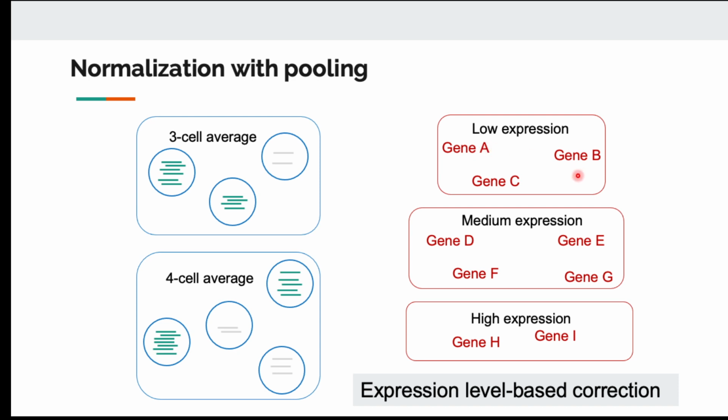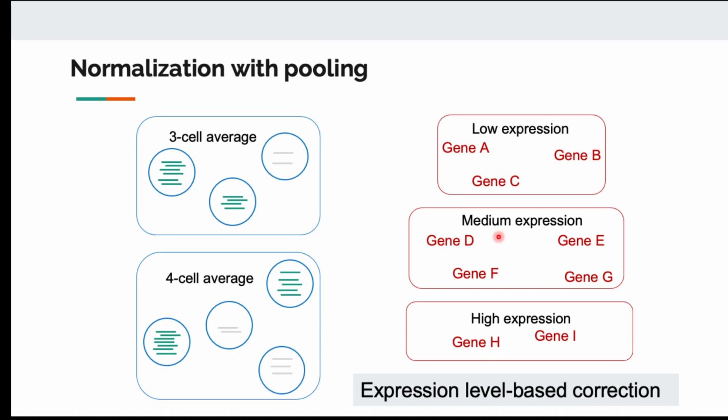So if genes A, B, and C have low expression level, the tools can use information from all these 3 genes to correct each other. If genes D, E, F, G have medium expression level, we can use data from these 4 genes to correct or to normalize the gene expression together.